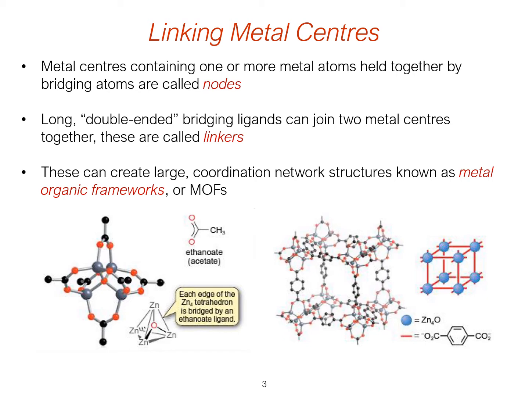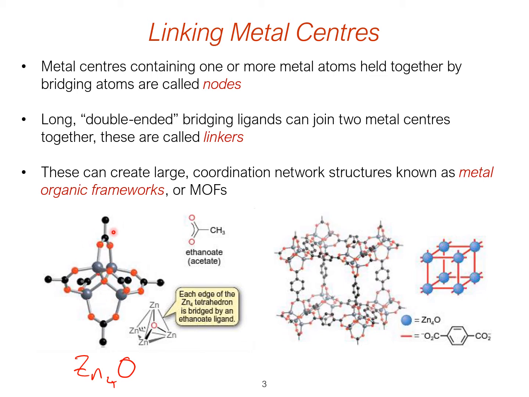The node in this case is Zn4O, and it's this little tetrahedron that's shown down here: 4 zinc atoms on the corners of a tetrahedron with an oxygen in the middle. And then what's shown in the rest of the picture is some bridging atoms, bridging across 2 zinc atoms.